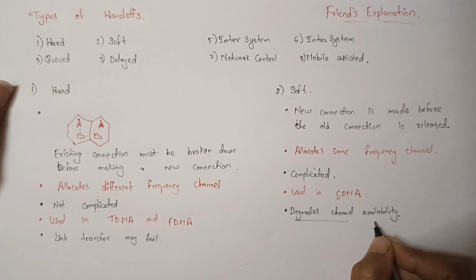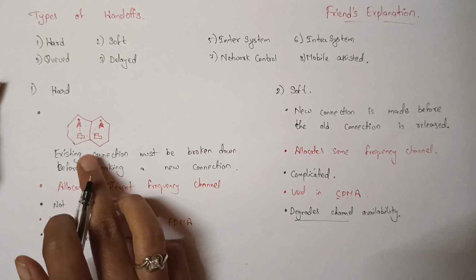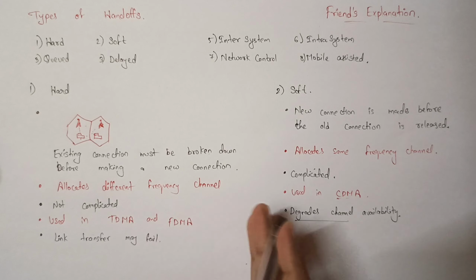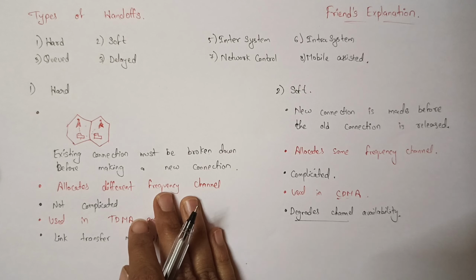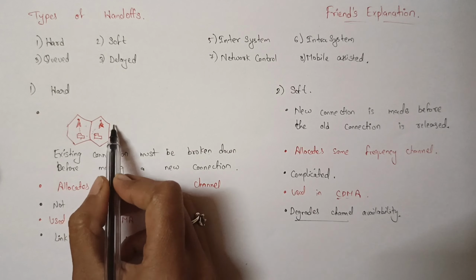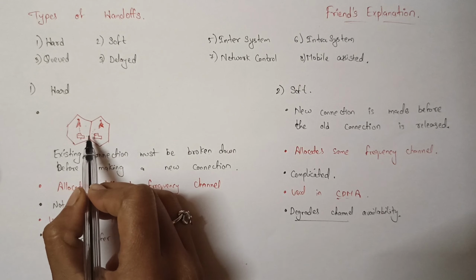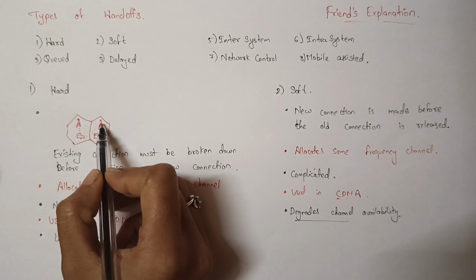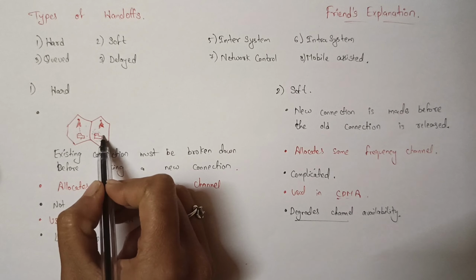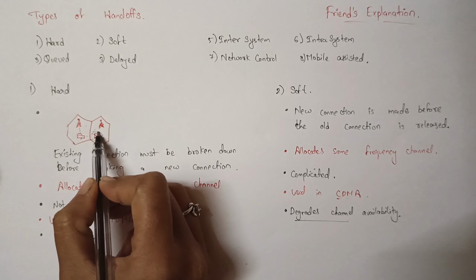Here why is it said? Because first we have to make the connection and then we have to break the connection, right? So here when the vehicle is entering into new cell, the MSC will try to connect the channels to the mobile which requires handoff.